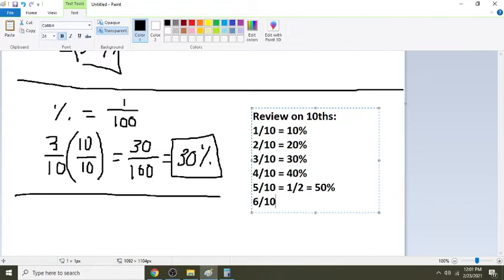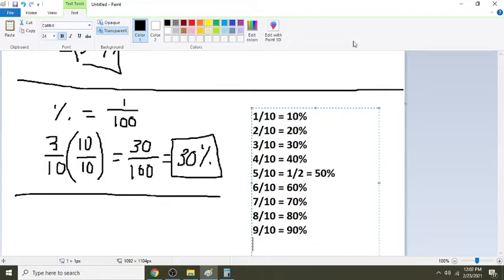6/10 is 60%, 7/10 is 70%, 8/10 is 80%, 9/10 is 90%, and of course 10/10 is 1 or 100%.